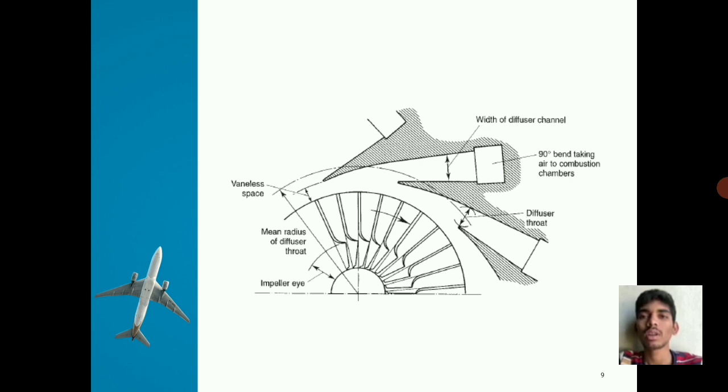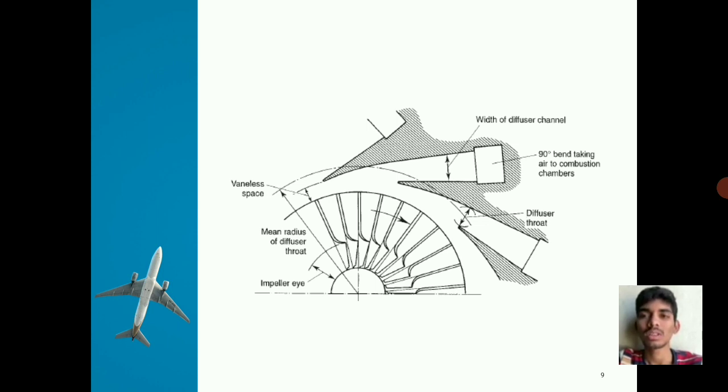Then, after increasing it, the air goes to the impeller, which is also known as the rotor, which has stationary vanes. The kinetic pressure of the air comes into contact with the stationary vanes, which tend to convert the kinetic pressure of the air into static pressure, so that we get an increase in pressure.